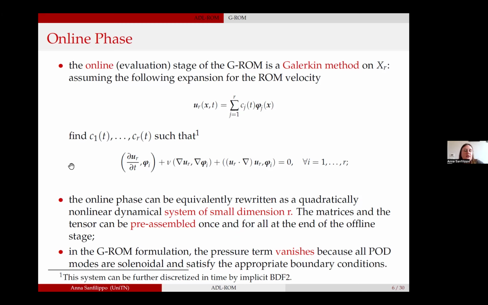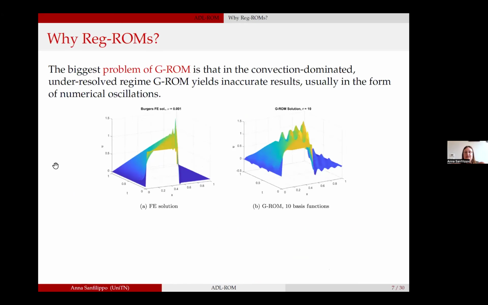Okay, so now this is G-ROM, and here we can compute the reduced solution. But as I said at the beginning, there is another ingredient, that is regularized ROM. And why do we want to add another ingredient to a method that I said is quite useful, is very popular, and is also quite relatable?